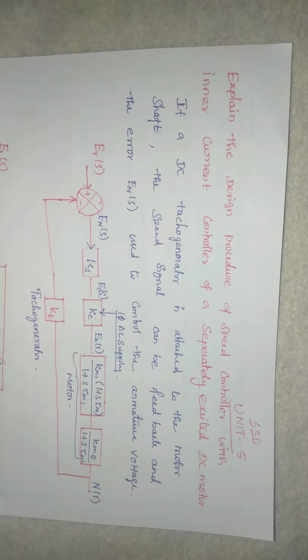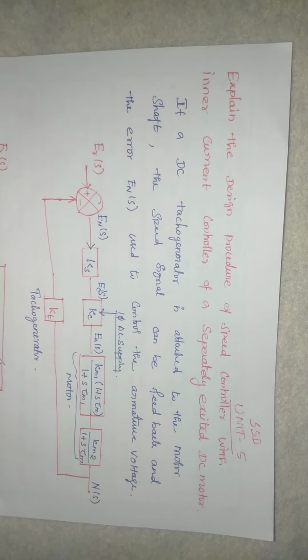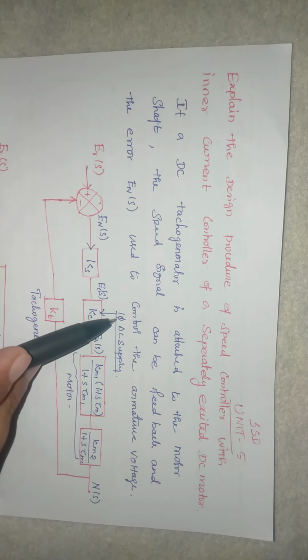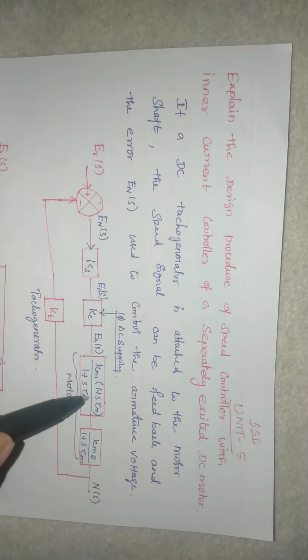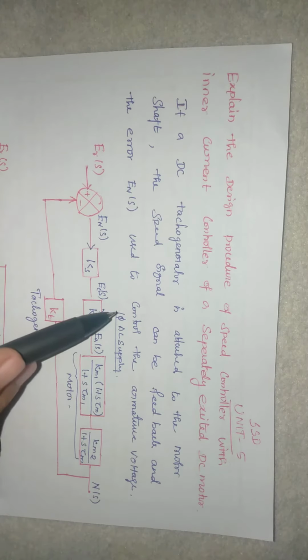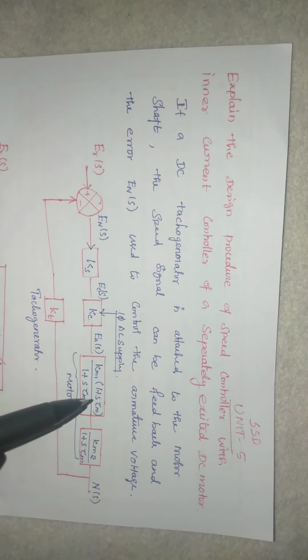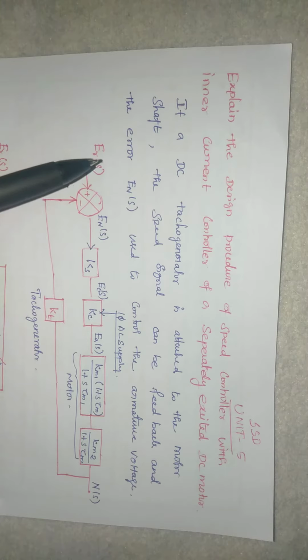What are the two inputs? First input, that is the single phase AC supply, and based on that single phase AC supply the motor is running. And the second one is the reference speed.